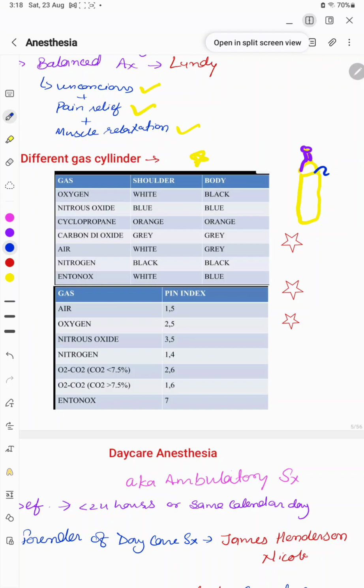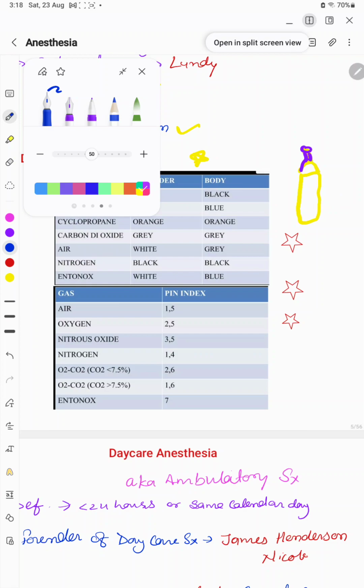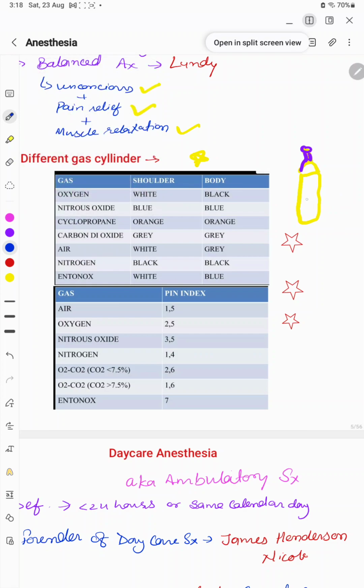The shoulder is white and the body is black. For nitrous oxide, blue. Everything is blue. All is blue. For nitrous oxide, all is blue.